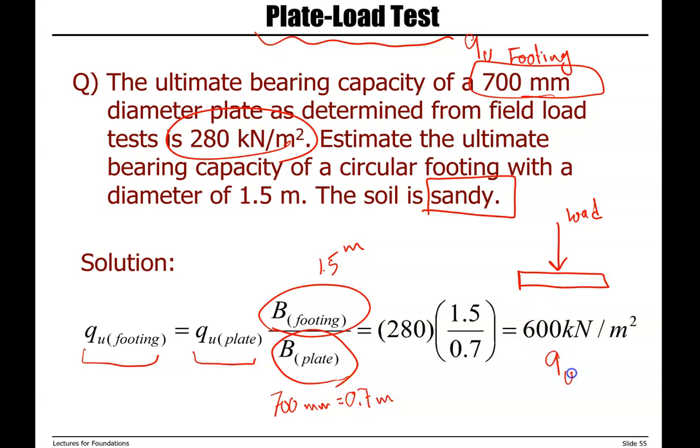And this is QU of footing. This is really important that you pay attention to the type of soil and select the correct formula to calculate bearing capacity of footing when we have bearing capacity of a plate for the plate load test.